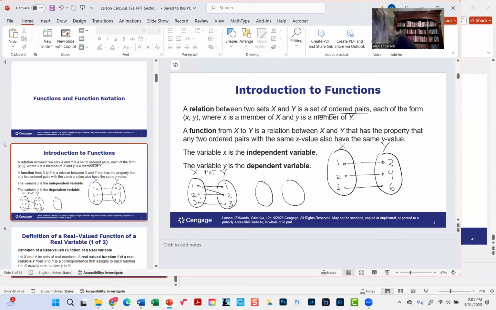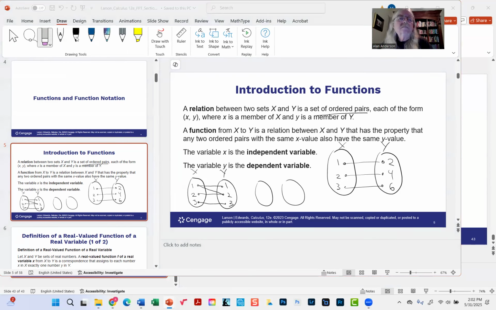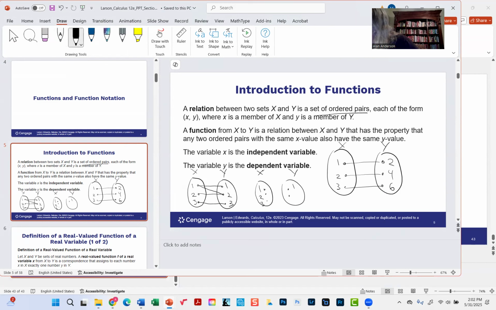Here's another one that doesn't work. Okay, so this one doesn't work because x equals 3 is not associated with any value of y.